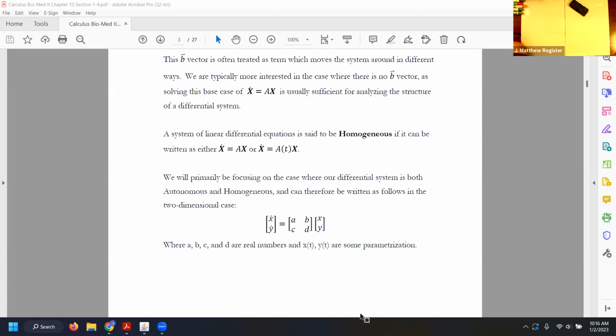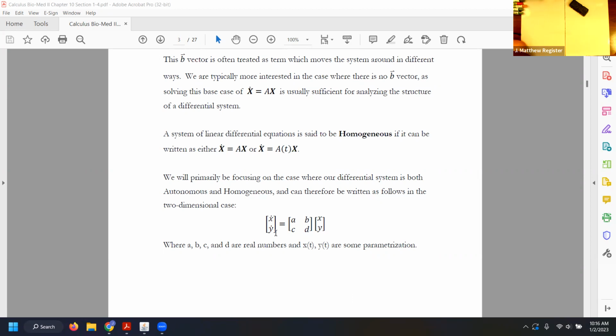We will primarily be focusing on the case where our differential system is both autonomous and homogeneous, and can therefore be written in the following 2-dimensional case. x dot, y dot equals a, b, c, d times x, y, where a, b, c, and d are all real numbers, and x of t and y of t are some parameterization. And we can think of it as parameterization, much like we did in section 7.5. So this would be x of t, and this is x prime of t.